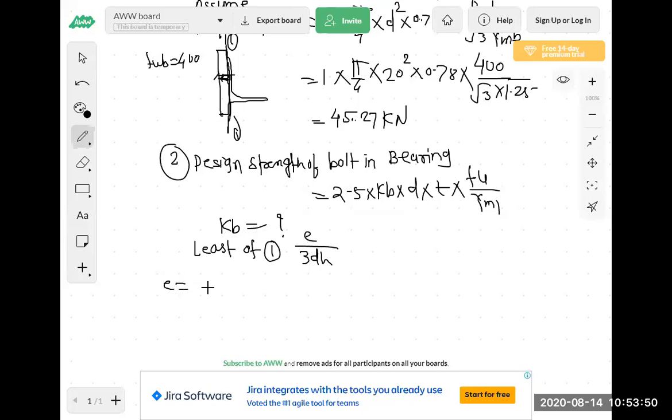Edge distance is 1.5 into dh, and pitch distance is 2.5 into d naught. So 1.5 into 22 is 33 mm edge distance, and pitch distance is 2.5 into 20, so this is 50 mm. So edge distance and pitch distance are 33 mm and 50 mm.